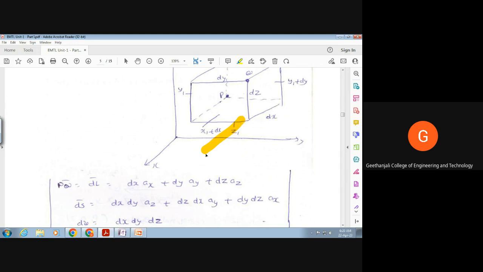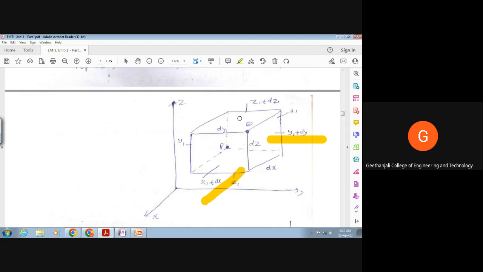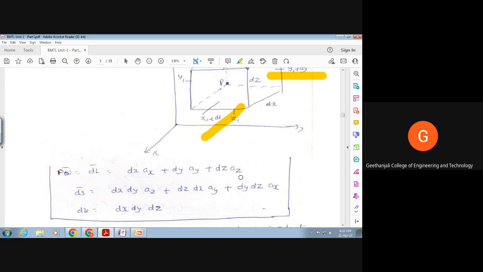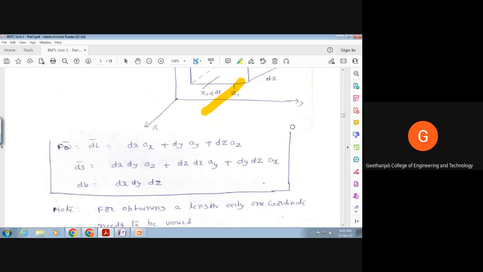That means it has to be the x direction. Similarly, the right hand surface, dx into dz into ay. Top surface, dx into dy into az. So this is the general expression for ds: dx dy az plus dz dx ay plus dy dz ax. And finally, the volume is the volume of the rectangular box, dx into dy into dz.